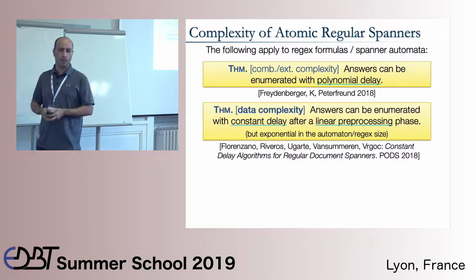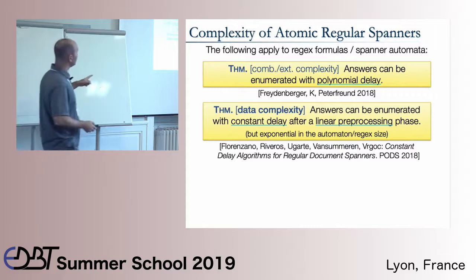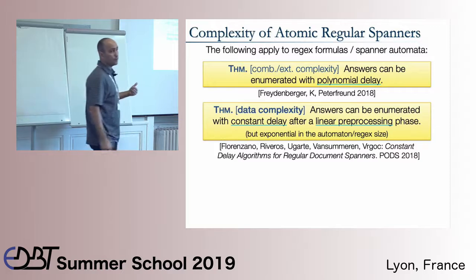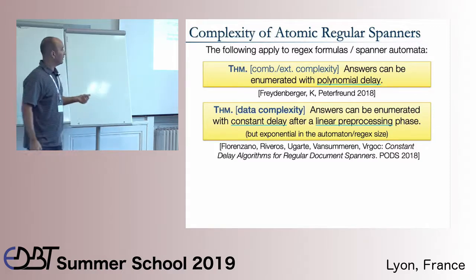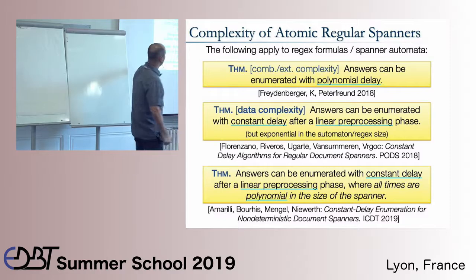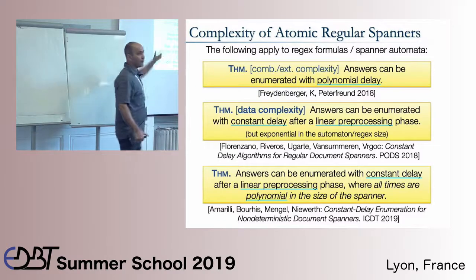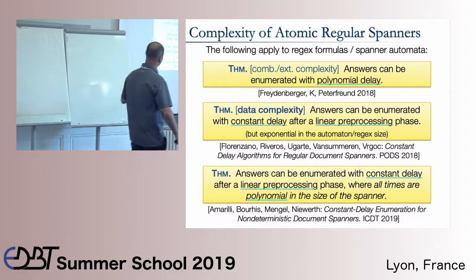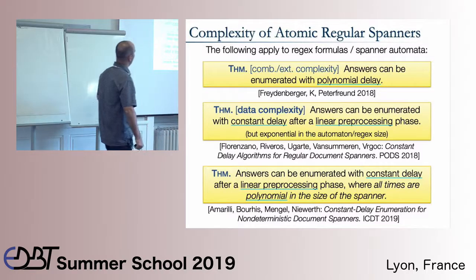It's quite efficient, but it assumes data complexity. Like the times here can be exponential in the size of the representation in the automaton of the Regex formula. And then there was a result that kind of gave us the best of both, an algorithm by Morelli et al.